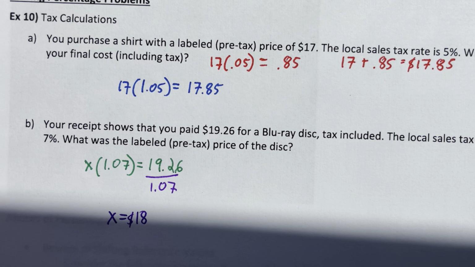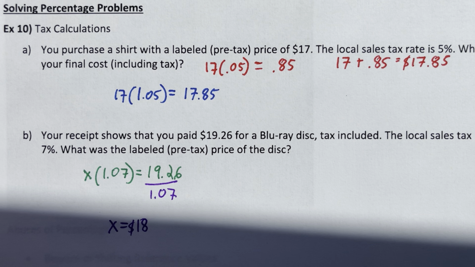There are two ways you can do this, and it doesn't matter which way you do. Whichever one you prefer, you go with it. The first way would be to take 5% of 17, which is 85 cents, and then we add that to the $17. So $17 plus the 85 cents in tax means we would be paying $17.85.